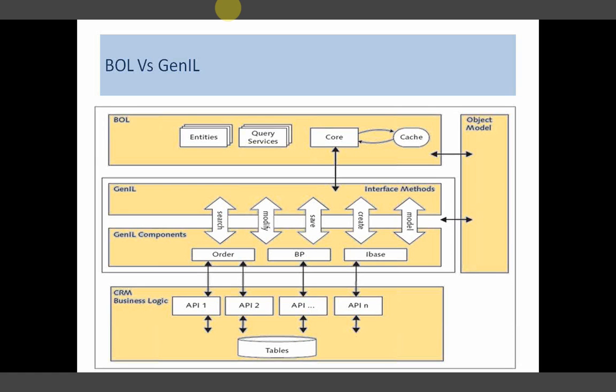And one more important thing about the BOL is that the BOL is created at runtime. Means whenever a request goes from a model for the first time, then the WebUI framework will instantiate the business object layer.